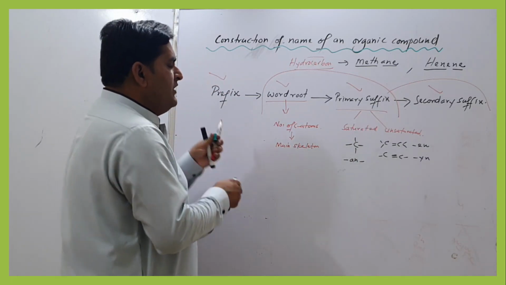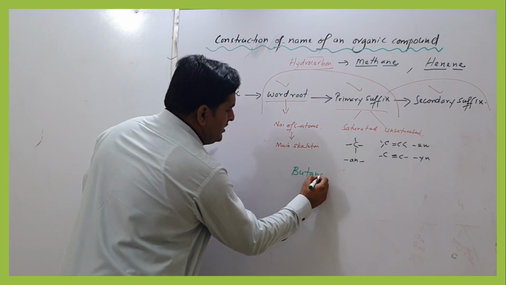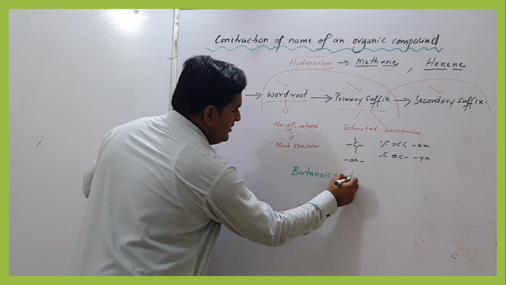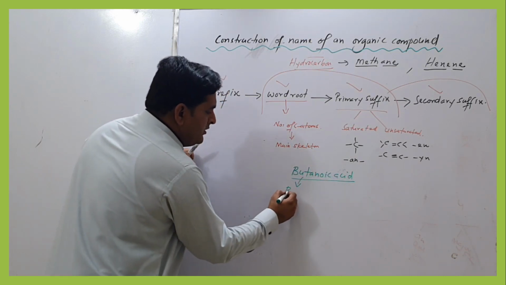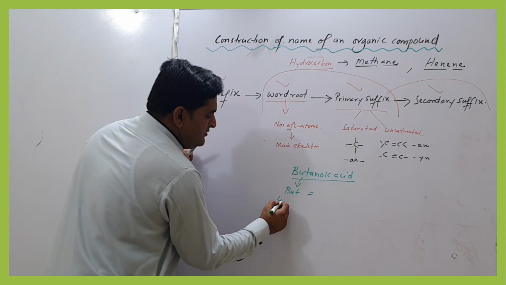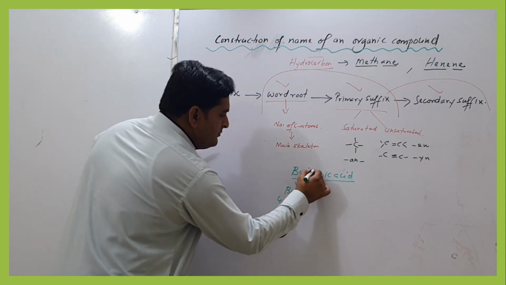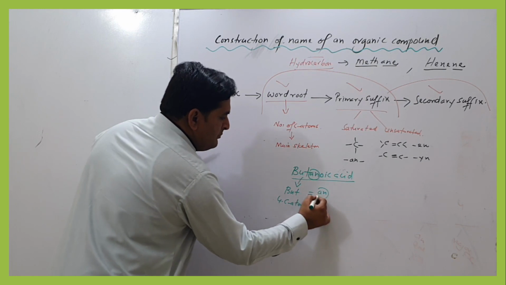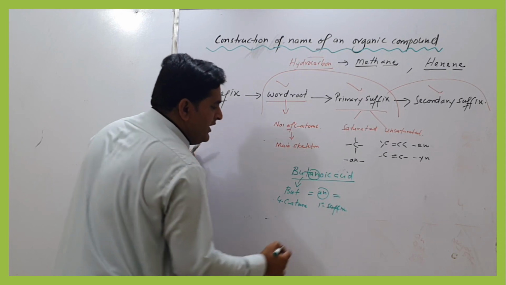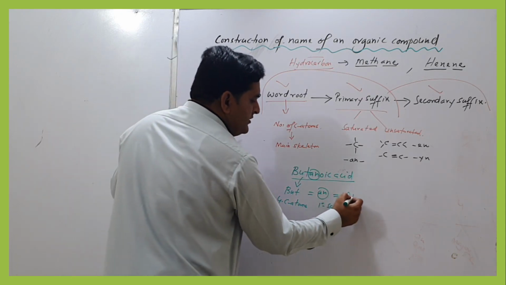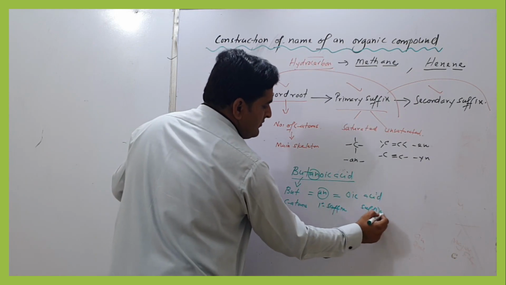An example is butanoic acid. Now if we break this word, but is the word root, which means 4 carbon atoms, and the part "an" is the primary suffix, showing that the compound has no double bond, and "oic acid" is the secondary suffix.